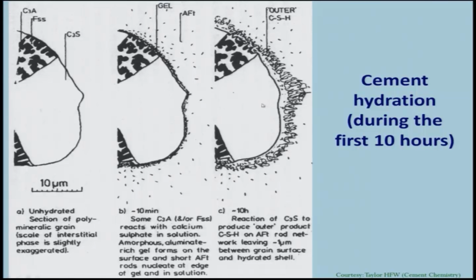So, what is shown in this diagram is just one cement grain particle, and the formation of this coat basically stops the water that is present in the outside of the cement grain to actually enter inside of the cement grain. And with time what happens is this gel slightly grows thicker and it completely restricts the free movement of water from outside to inside. So, this happens during the first 10 hours.